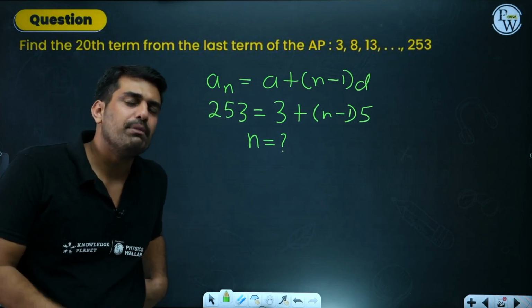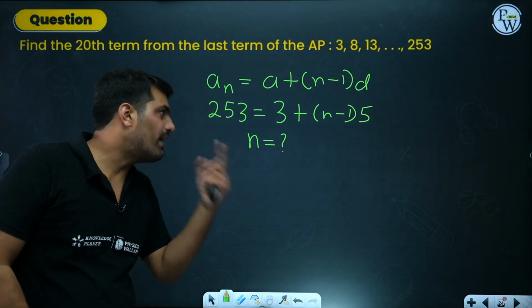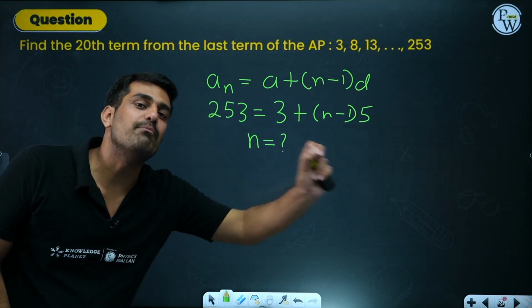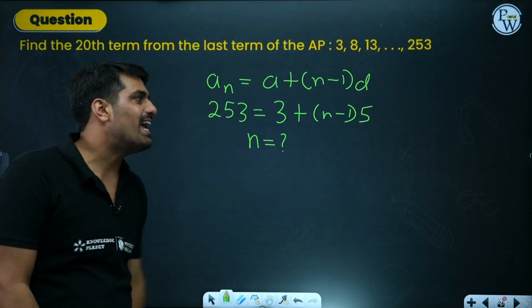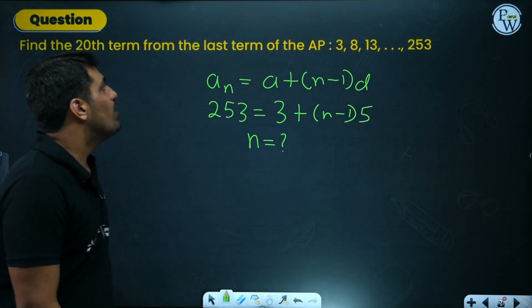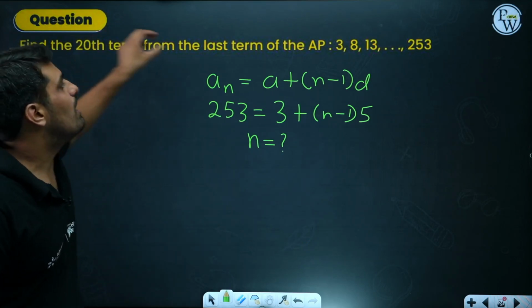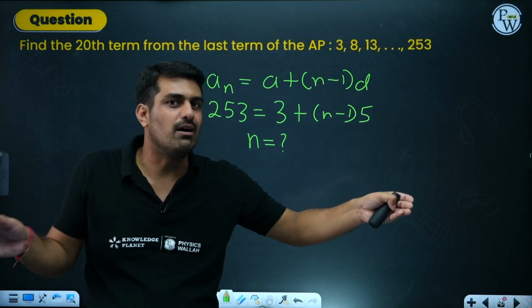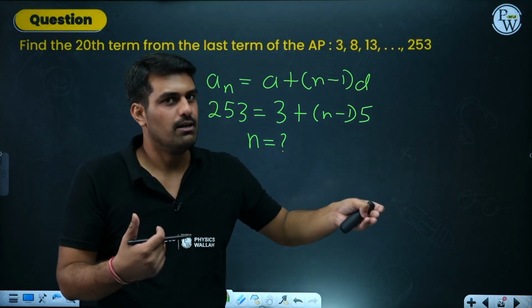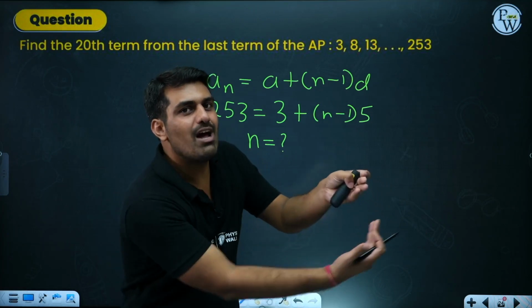What does it mean? It simply means over here that you have calculated the total number of terms in the AP. Once you have calculated the total number of terms in the AP, after that what will you be doing? You have been asked the 20th term from the last. So whatever the value of N, that means the total number of terms, you will subtract 20 from it. Why? Because in the total number of terms, you have subtracted 20.